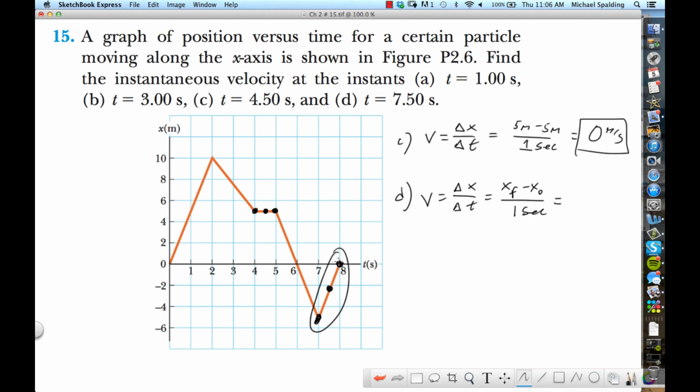All right, what's the final position? 0. And hold on here, this is important. So look, 0 minus negative 5. What happens to those negatives? They cancel and you get positive 5, which makes sense because the slope is positive.